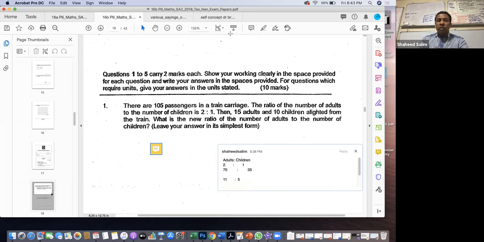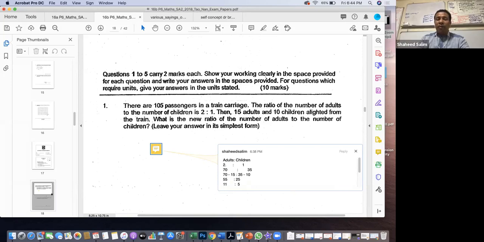The adults is 35 times 2, you get 70. So 70 is to 35. Then they say 15 adults alighted, so you must minus 15. 70 minus 15. And 35 must minus 10 because 10 children left. So you get 55 is to 25.